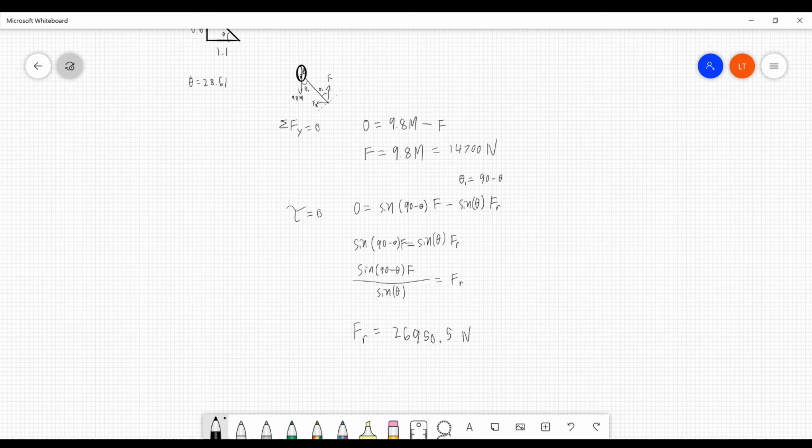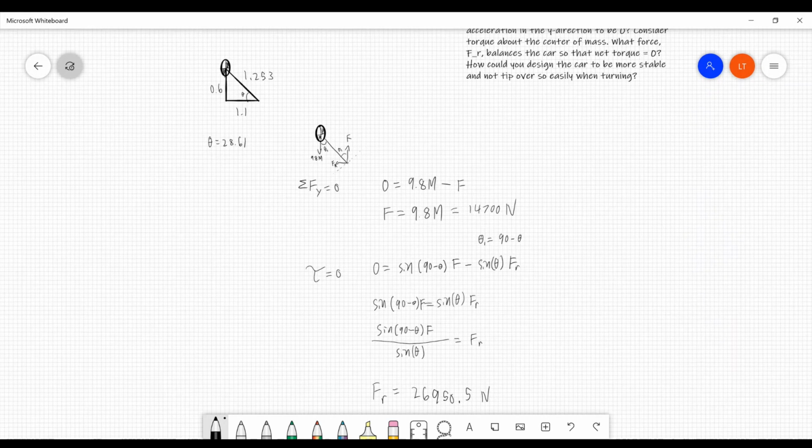So 0 would have to be equal to sine of 90 minus theta, which would be the angle from the ground upwards to the direct radius from the center of mass.